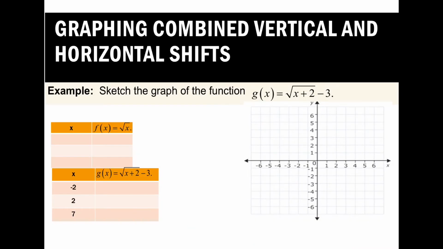All right, let's combine these together, some vertical and horizontal shifts. And we'll start off with x here. And this time we're looking at f of x equals the square root of x. I'm going to start off with 0. We know with square roots we can't go negative, so I'm going to do 0, 1, and 4.